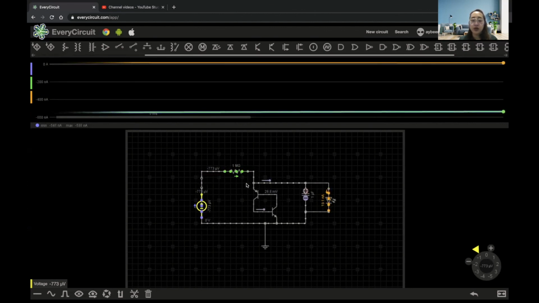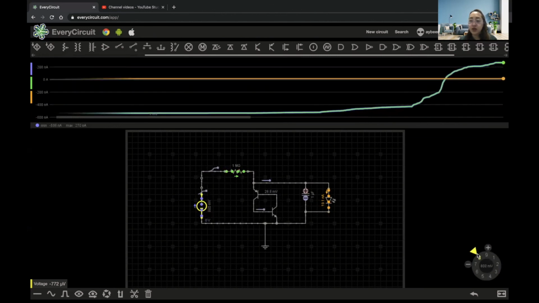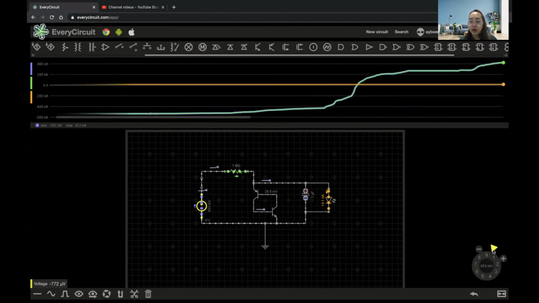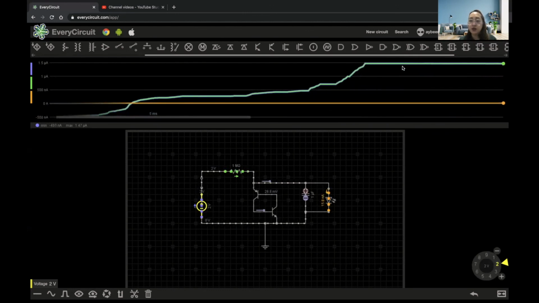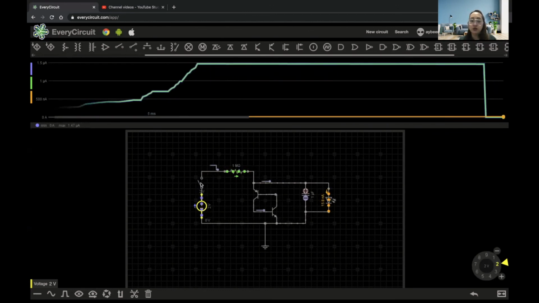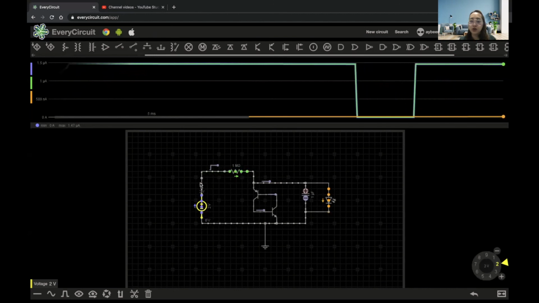Okay? Then when we go back to the original and increase it again, it gradually increases and will maintain the value. When we switch this off and switch this on, it doesn't meet the required voltage. That's why it's flowing through the capacitor.